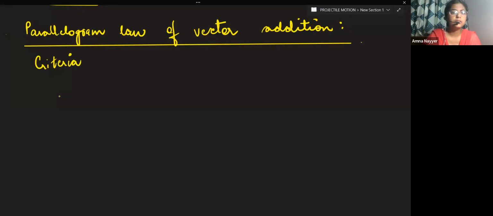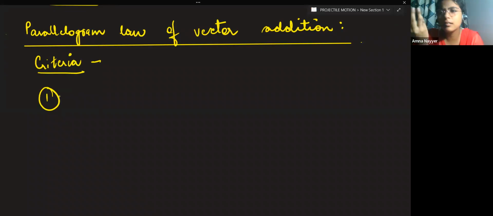The first criteria, and it's a limitation also of parallelogram law, is that if only two vectors are given, then only you can use parallelogram law.